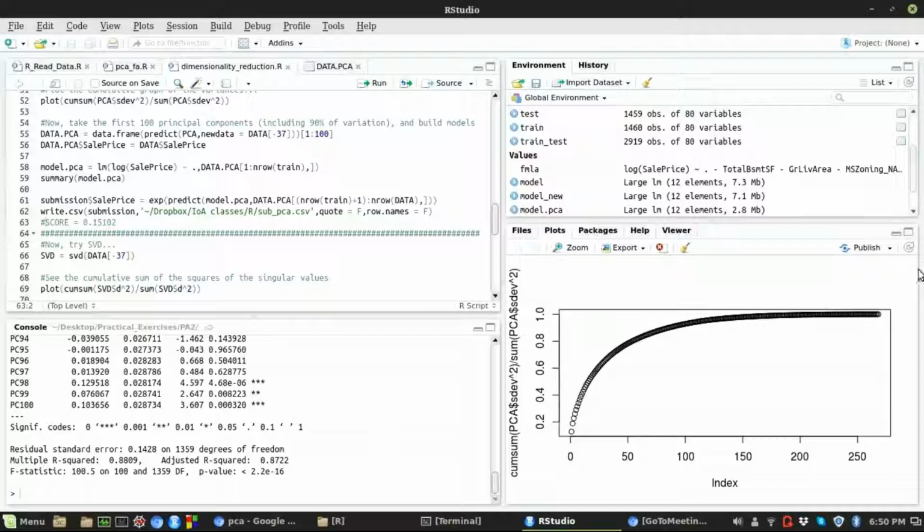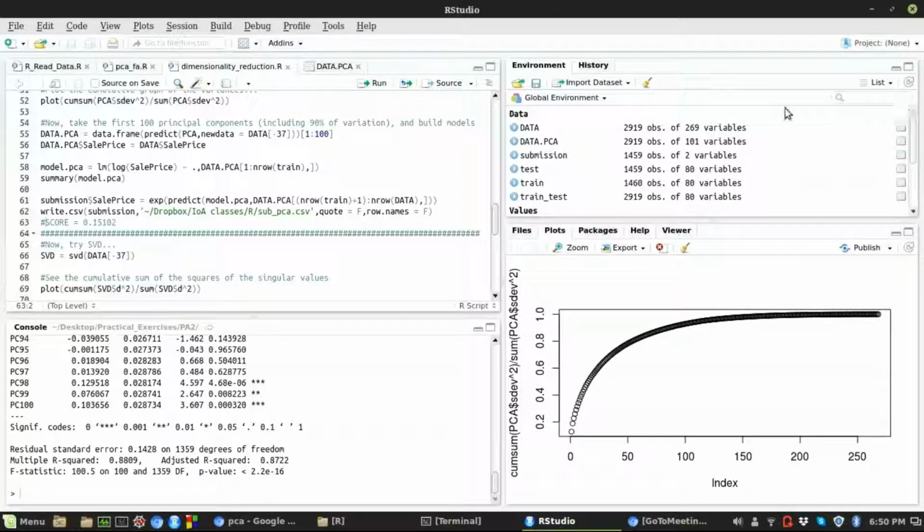Let us take it to the logical extreme. Suppose you had 2919 columns as well as 2919 rows, then you will get a 100% fit, right? Because you will be able to fit everything. You'll have a model that is complex enough to fit it all beautifully, but that is obviously useless because it's not going to fit that well with the test data.